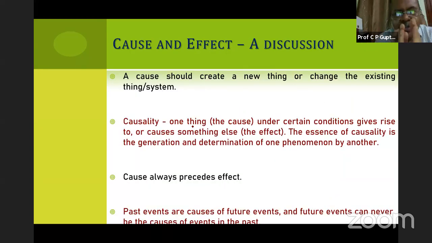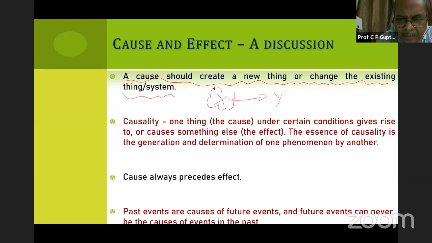So, friends, let's have a discussion and devote some time to cause and effect. A cause could create a new thing or change the existing thing or the system. So when X is changing Y or creating Y, then I can say X is the cause, Y is the effect.